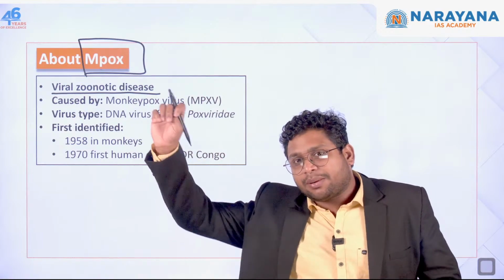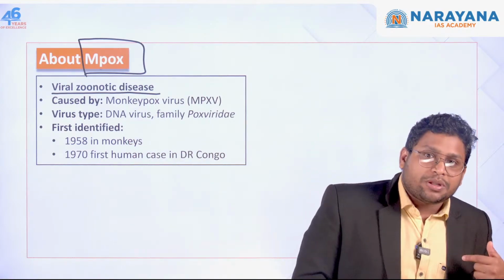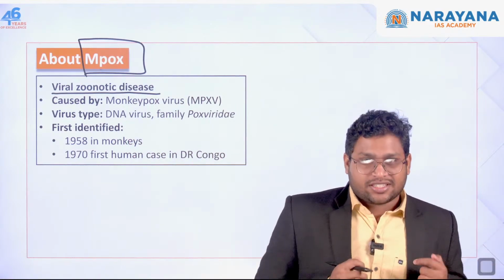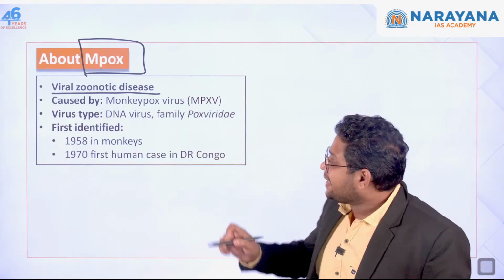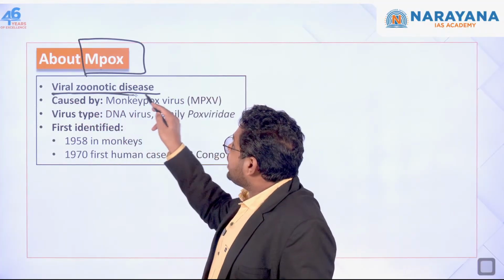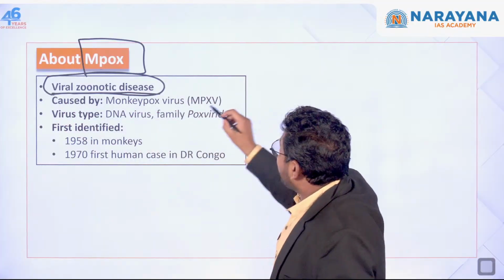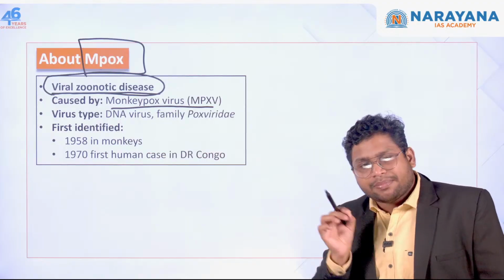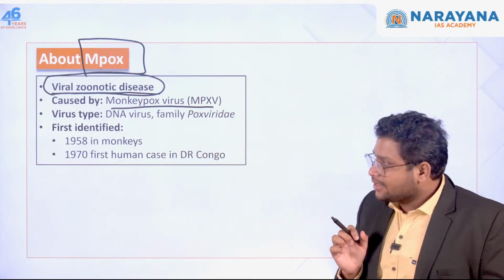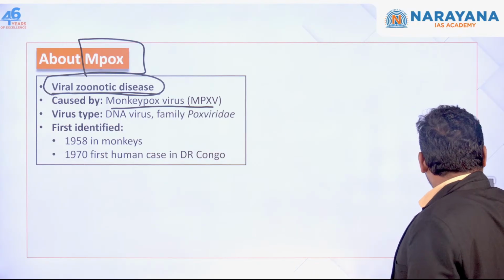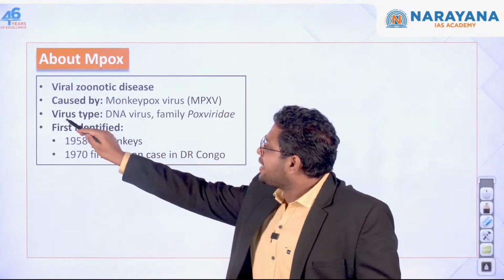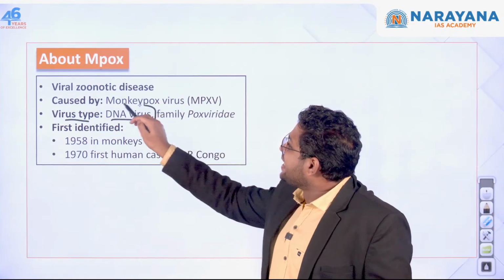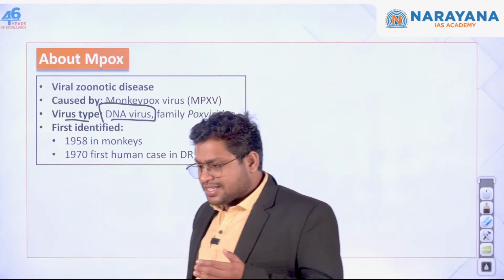So let's say something coming from a bat, then to human beings, that would be a zoonotic disease. Okay, and here we are calling it a viral zoonotic disease. That means that it is caused by a virus. The name of that virus is monkeypox virus. You can remember it very easily, right? Now, if you check the type of this virus, it's a DNA virus. In the last lecture, I discussed this part.